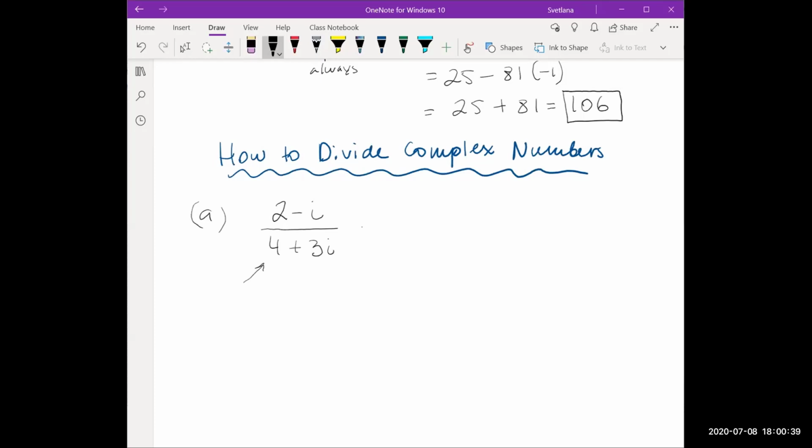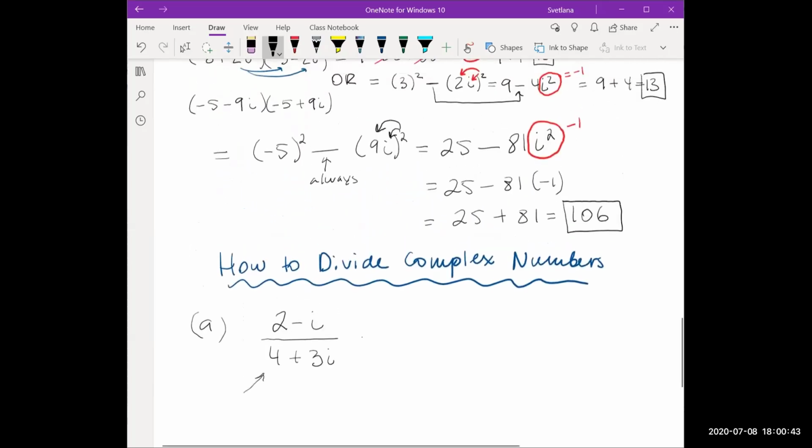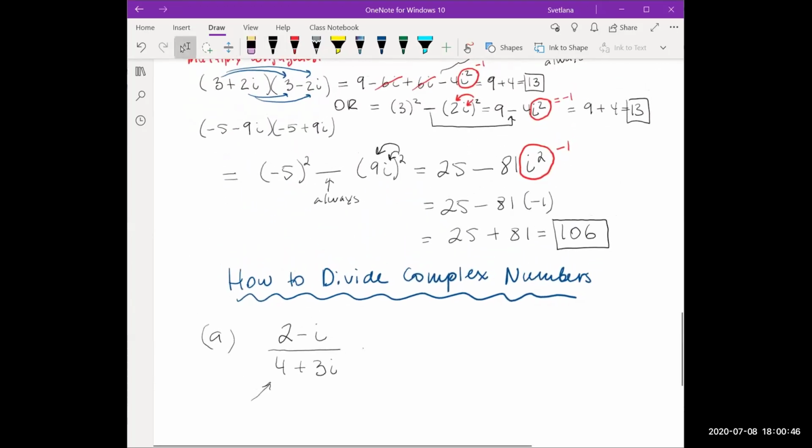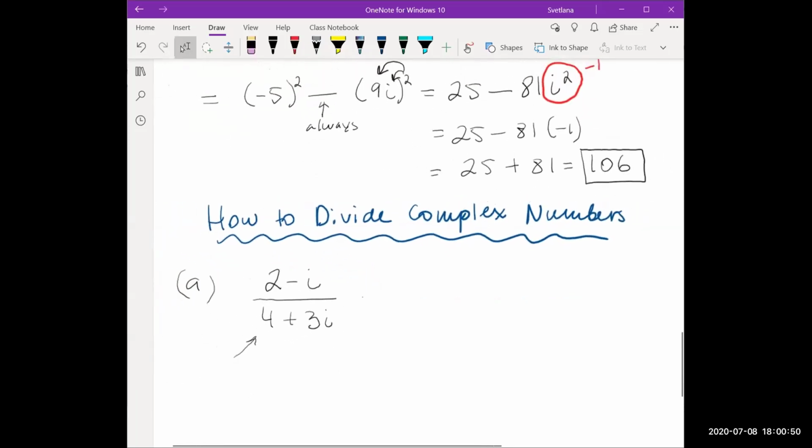Well, we just learned that to get a real number, two conjugates have to be multiplied, right? So if I take 4 plus 3i, and I multiply it by its conjugate, which is 4 plus 3i, oh, I'm sorry, this is not right. It should be 4 minus 3i, the conjugate. Well, then on the bottom, as a result of the multiplication, I will get just a real number.